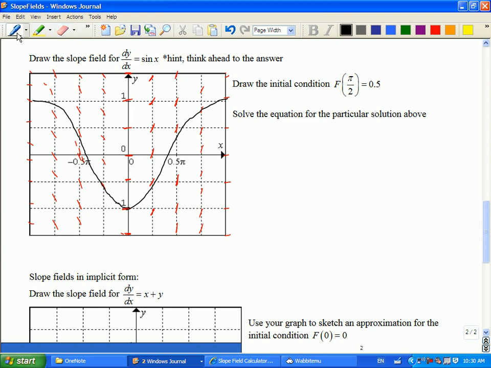Okay. So the one that I'm looking for is at pi over 2.5. So I'll get rid of this graph, the black one I have here. And the point that I'm going to originally construct is at pi over 2, 1/2. So if I use that, it's going to go up to here. And then, let's see here.